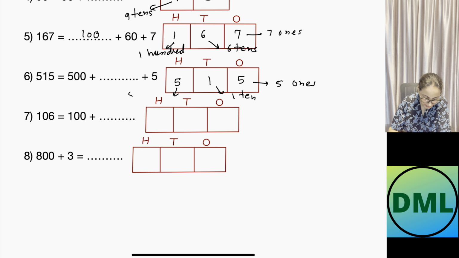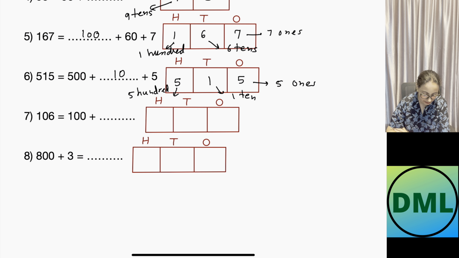This will be written as 500. Let's see what is missing. 5 ones will be written as 5 times 1, which is 5. Is it there? Yes, we already have it. 1 tens will be written as 1 times 10, which is 10 only. Is it there? No, right? So that is our missing number. Let's write down 10 here. 500 is 5 times 100, which is 500. Is it 500 here? Yes. So our missing number is 10.